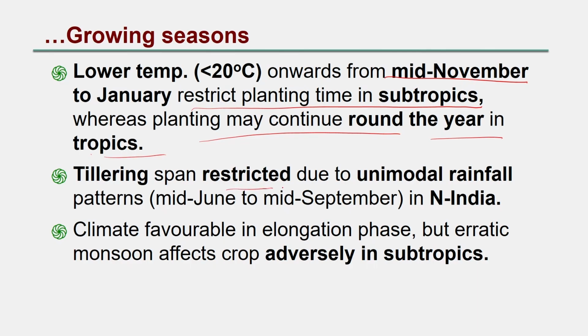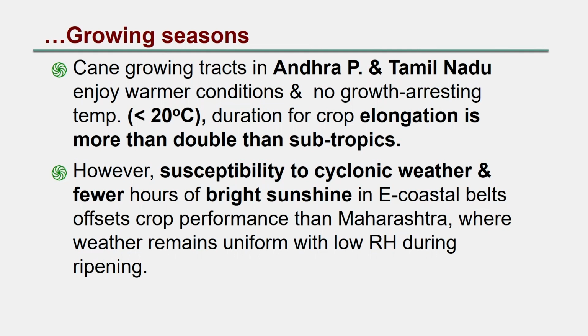Tillering span is restricted due to unimodal rainfall patterns, mid-June to mid-September in North India. Climate is favorable in elongation phase but erratic monsoon affects crop adversely in the subtropics. Cane growing tracts in Andhra Pradesh and Tamil Nadu enjoy warmer conditions and no growth arresting temperature.